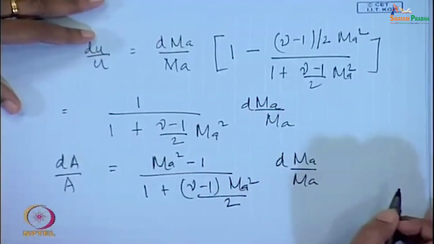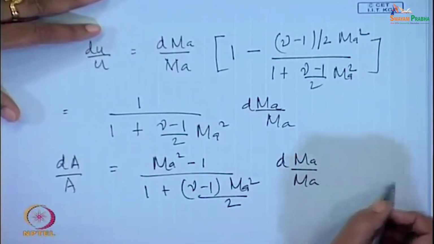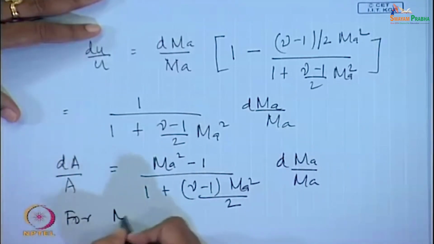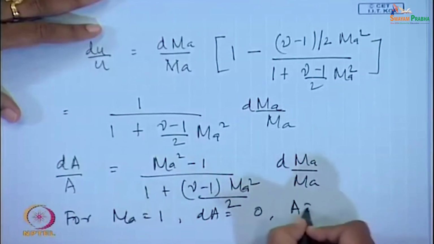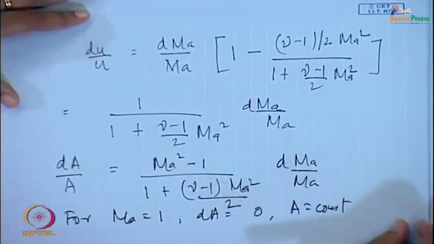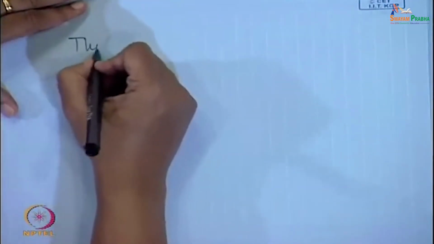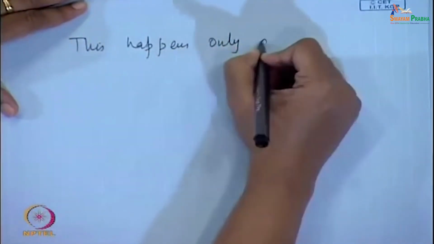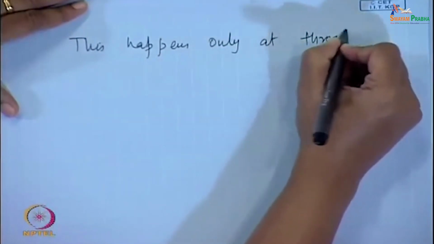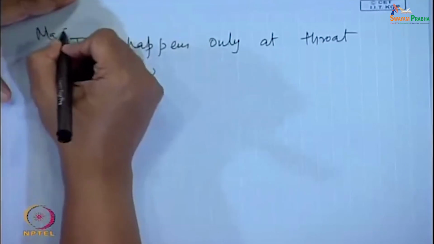So, therefore, we had obtained that we get the maximum flow rate for Ma equals 1, and for Ma equals 1, dA equals 0, or A has to be constant. In other words we observe that this happens only at the throat and nowhere else. So, this means Ma equals 1.